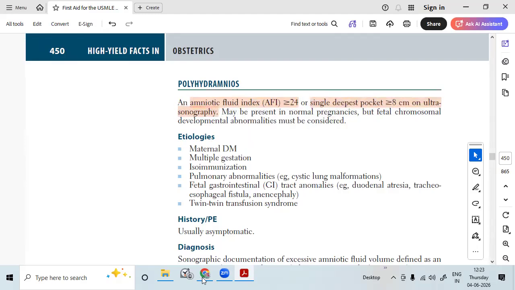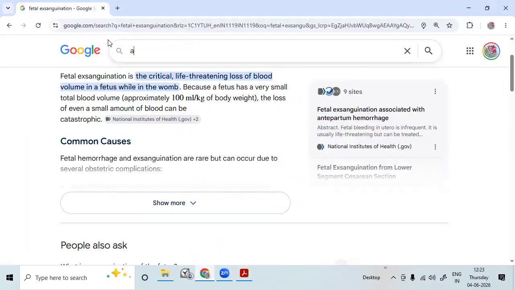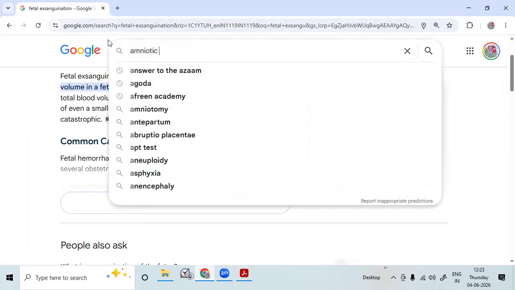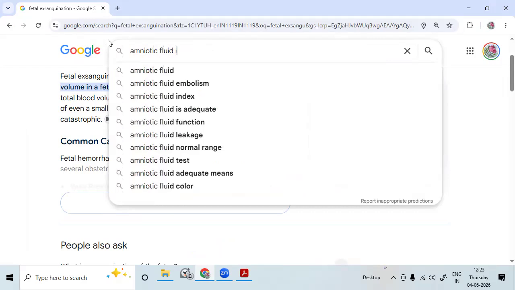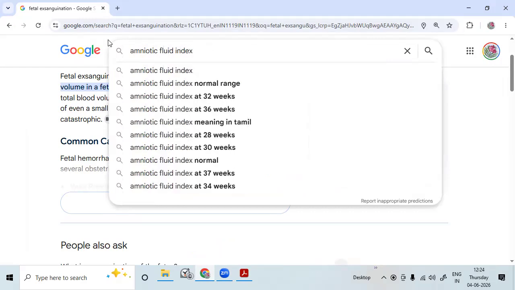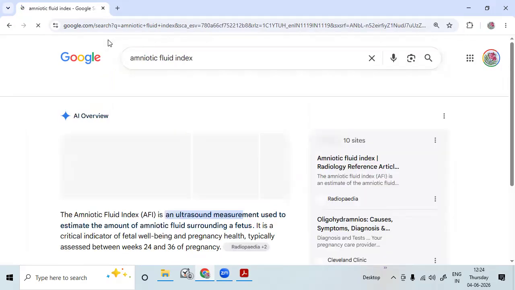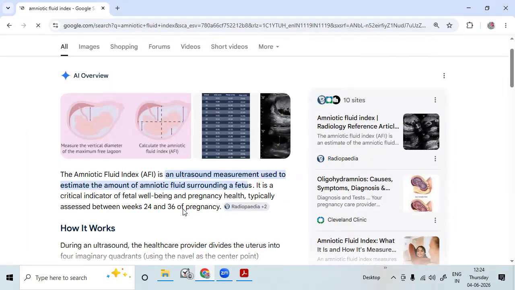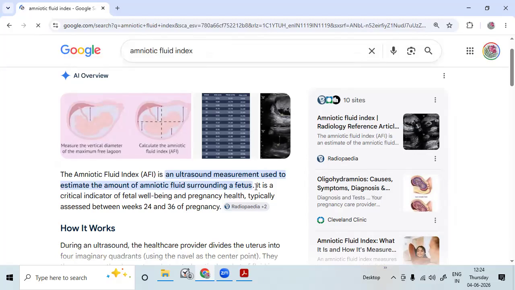Now, they haven't defined what amniotic fluid index is. Let's look, I have completely forgotten this. It's an ultrasound measurement used to estimate the amount of amniotic fluid surrounding a fetus.